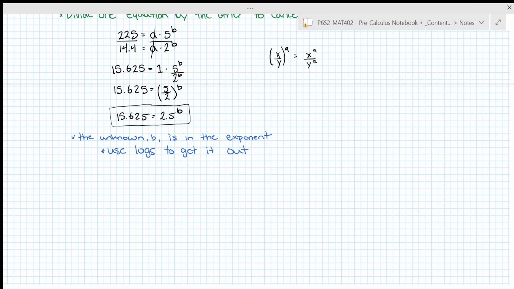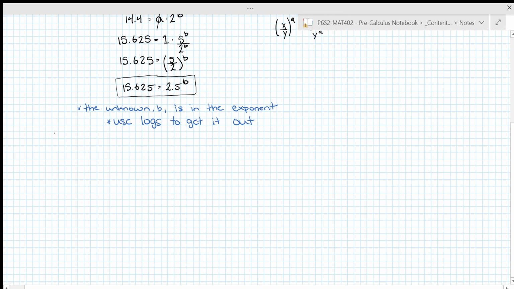One feature is to use this property of logs that says if I have the log of a to the b power, that is equivalent to being able to write this as b times the log of a. That b just comes right out front there, so that basically will let me bring the b down so it's not in the exponent. It's just this multiplying factor now.